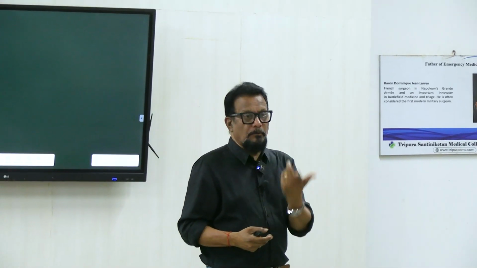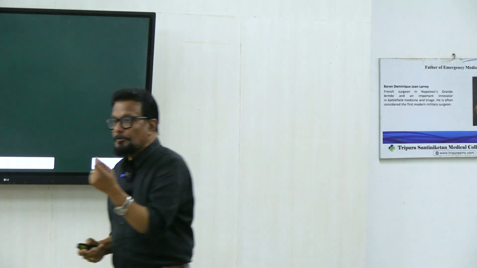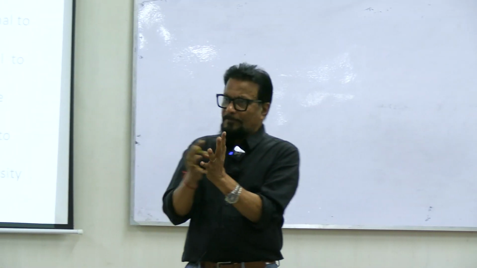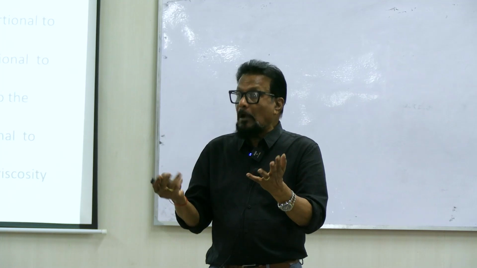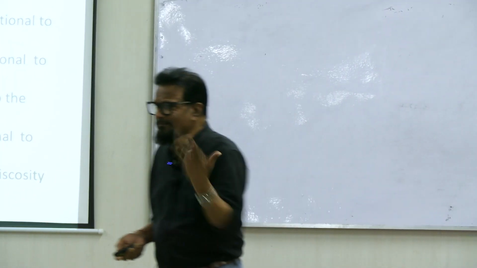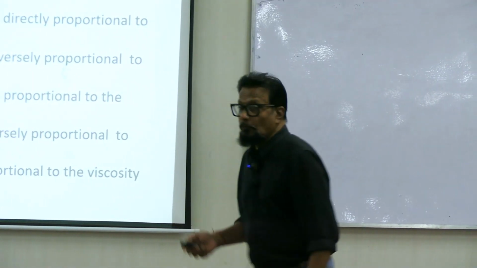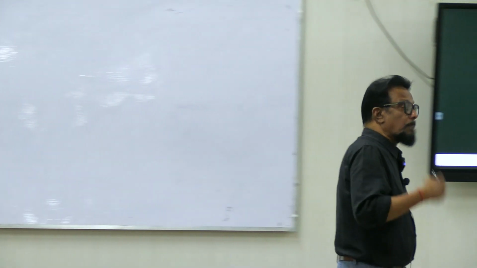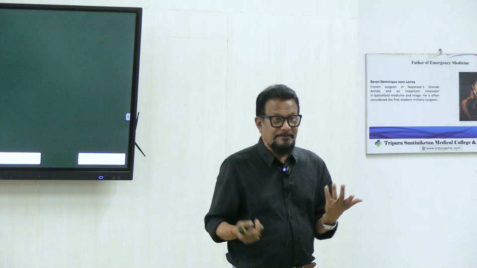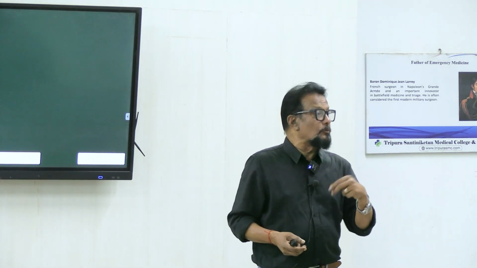For example, what is the condition in which blood becomes more viscous? Erythrocyte, more erythrocyte production. Okay, a lot of erythrocytes, more than the normal count. So when more blood cells are there in the blood, or more plasma protein content is there, in such conditions the blood will be more viscous.